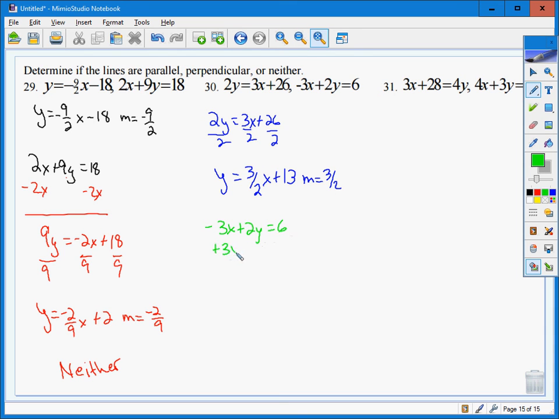If I add 3x to both sides, 2y equals 3x plus 6, and divide everything by 2. y equals 3/2 x plus 3. The slope of this line is 3/2. Because these two slopes are the same, these two lines are in fact parallel to each other.